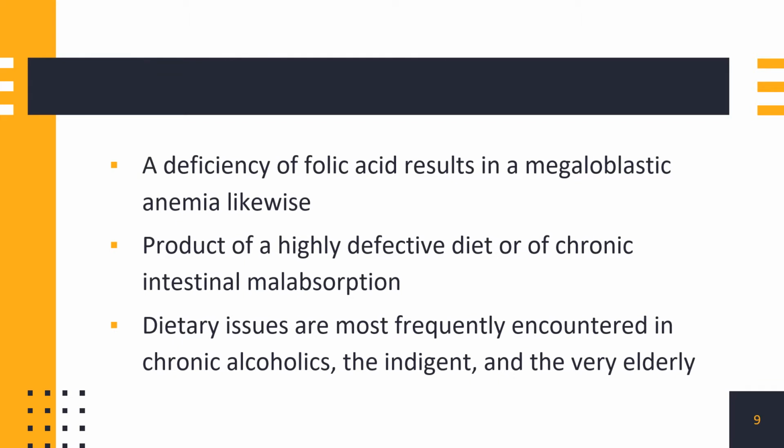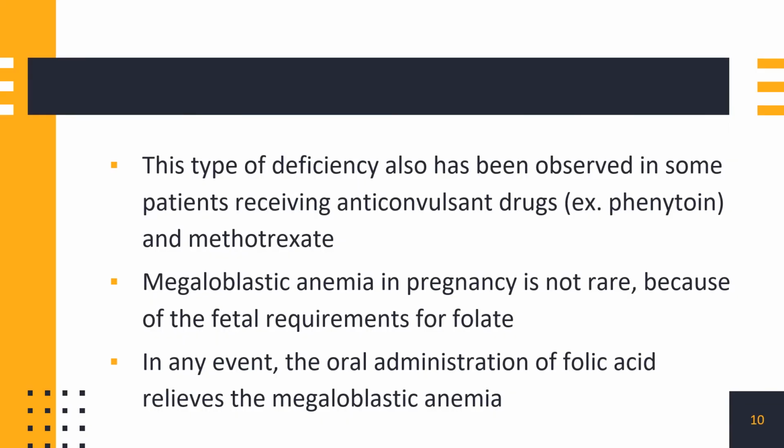Dietary issues are most frequently encountered in individuals who are chronic alcoholics, those who are impoverished, and the very old. This type of deficiency has also been observed in patients who receive anticonvulsant drugs, especially phenytoin, and those who take the drug methotrexate.